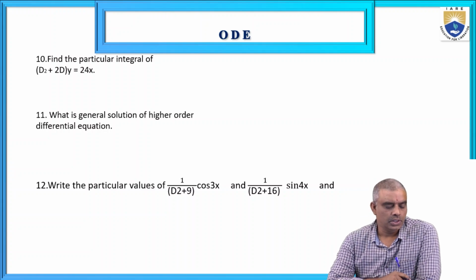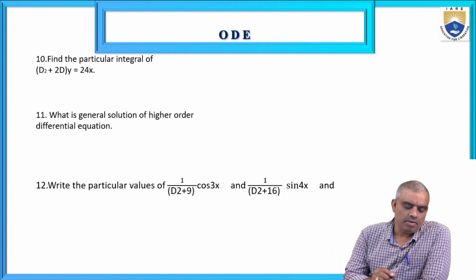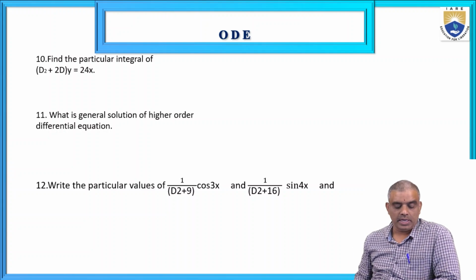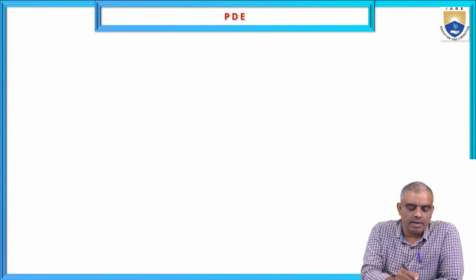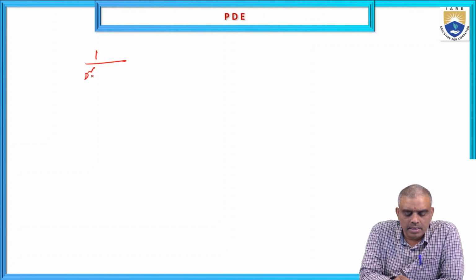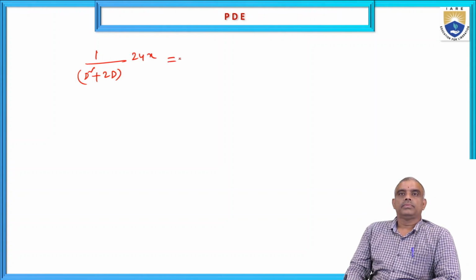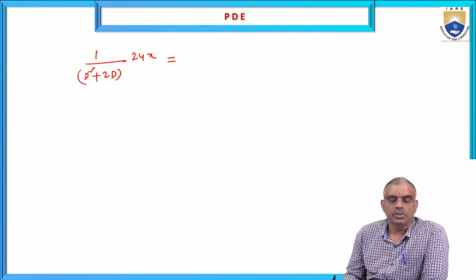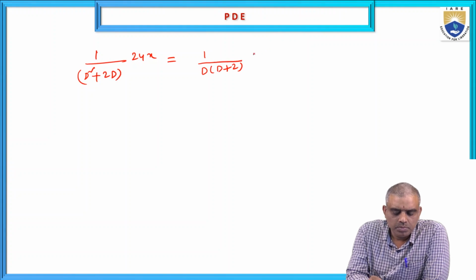Similarly, do the 10th problem. Find the particular integral of 1/(D² + 2D) of 24x. I will write here 1/(D² + 2D) of 24x. So 1/(D(D + 2)) of 24x.